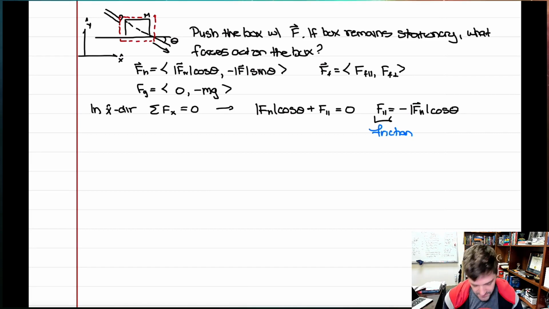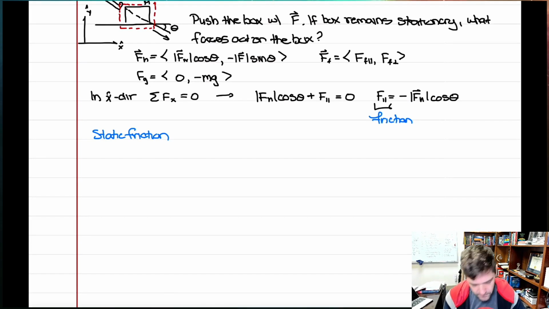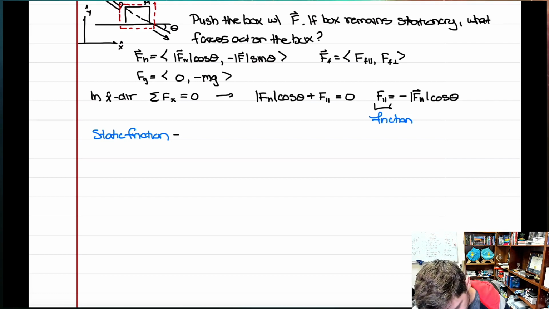In this case, this is an example of static friction, in contrast to kinetic friction, where there is a friction component, but there is relative motion between the object you're studying and the surface. Static friction, more or less, aims to maintain zero relative velocity.